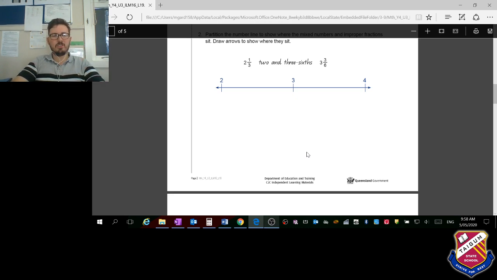Wait a minute, I've just realized something. Here is the fraction 3/6. If I divided both of those numbers by 3, what would I get? 3 divided by 3 is 1. 6 divided by 3 is 2.